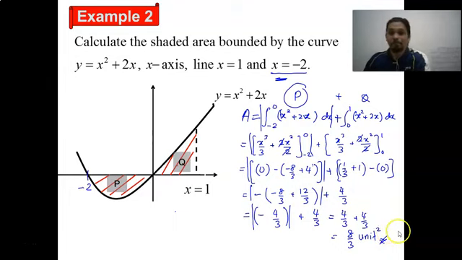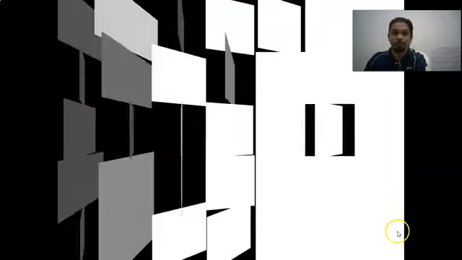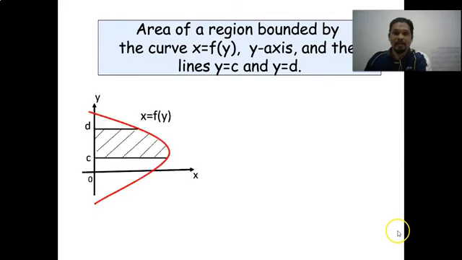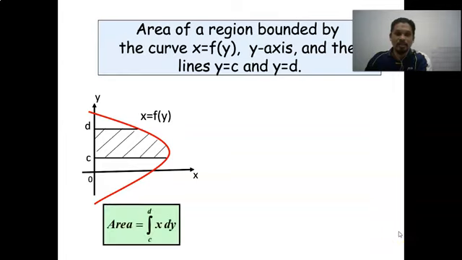Next, the area of the region bounded by the curve of x equal to f(y), the y-axis, and the lines y equal to c until d. So the area, we start from c until d here. We integrate x dy from c until d.